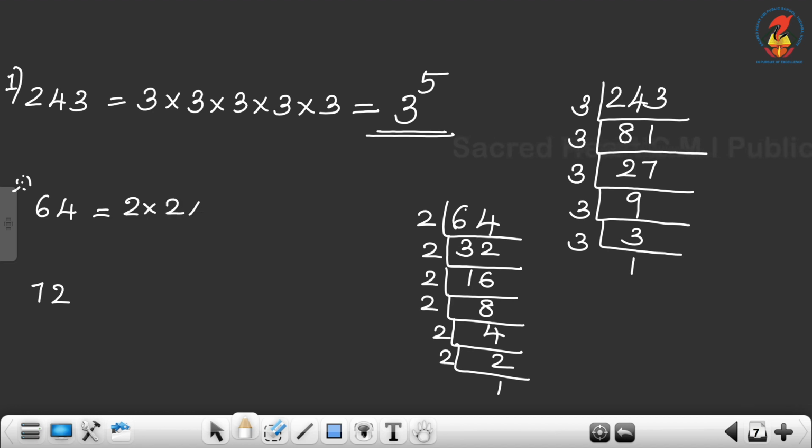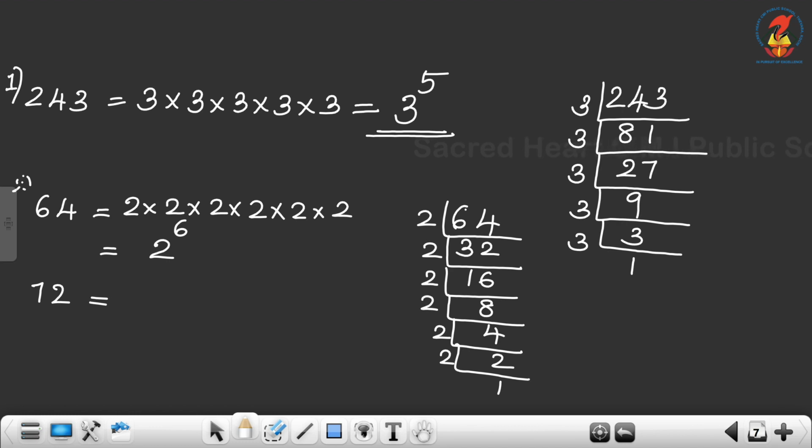So 2 into 2 into 2 into 2 into 2 into 2. First you write 2. Then how many times is 2 multiplied by itself? 6 times. So on the right hand side up, write 6. So 2 raised to the power 6 is equal to 64. Therefore the number 64 we can express in powers with 2 as the base, as 2 raised to the power 6.